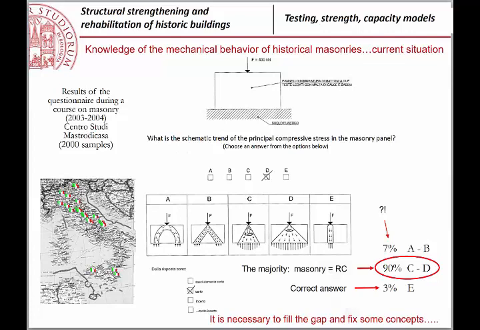So this is a questionnaire that was given to a group of engineers. It is quite interesting, and I always start with it. The question that was given to the engineers was this one. You have a masonry panel. The panel is supported over a rigid foundation, and there is a loading applied on the top of the panel.